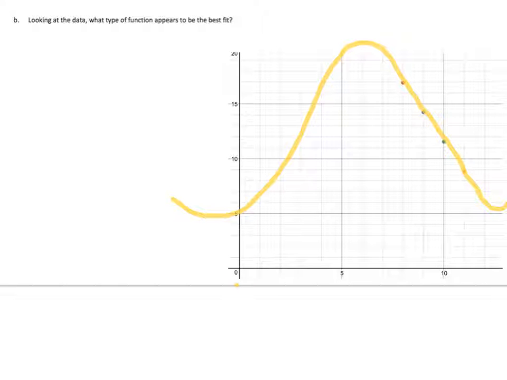But this would be January, February, March, April, May, June. Okay, June and July are the peak of our daylight hours. So it sort of makes sense that we're sinusoidal, right? It appears to be in a straight line, but that just doesn't make sense, does it?